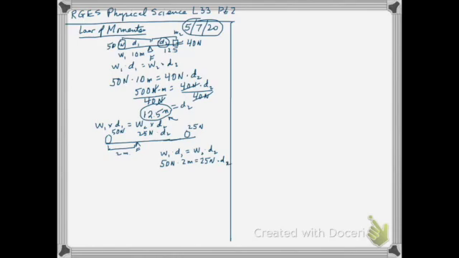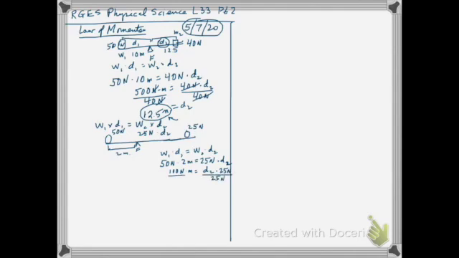Okay, so 50 times 2 is 100 newton meters, is D2 times W2. So to get rid of the W2, the 25 newtons, we divide that whole side by 25 newtons.